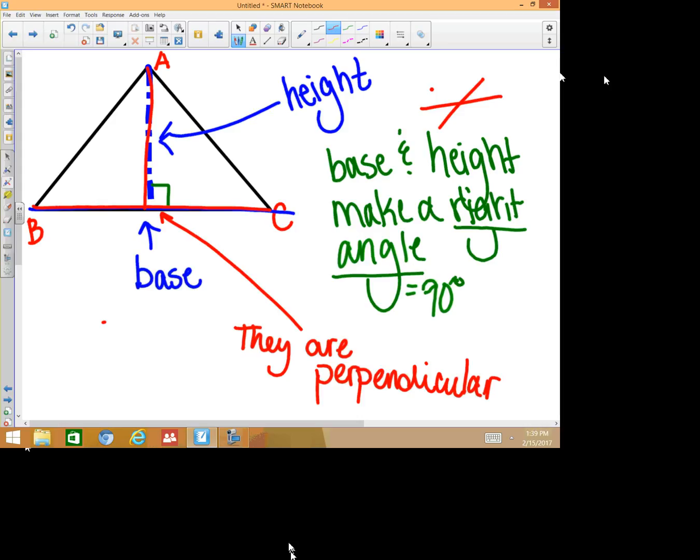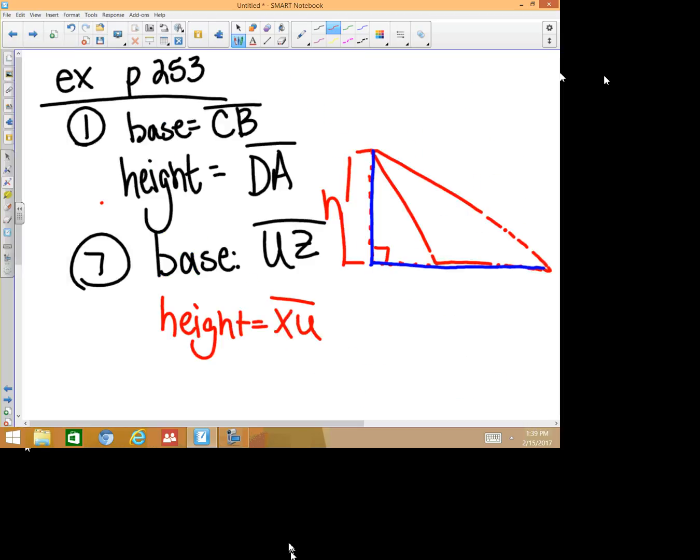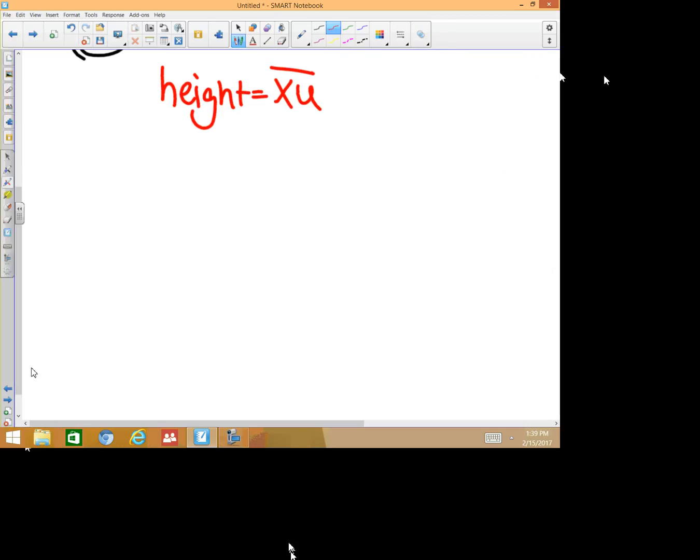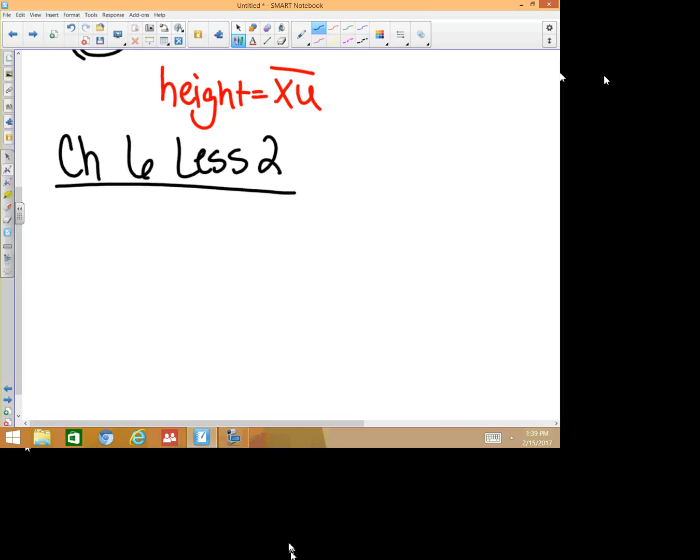So now, let's go ahead. What time is it? Let's go to our next section. We're on 256. So if you're at the bottom of your notes, you could do this. Chapter 6, Lesson 2. And just keep them going.